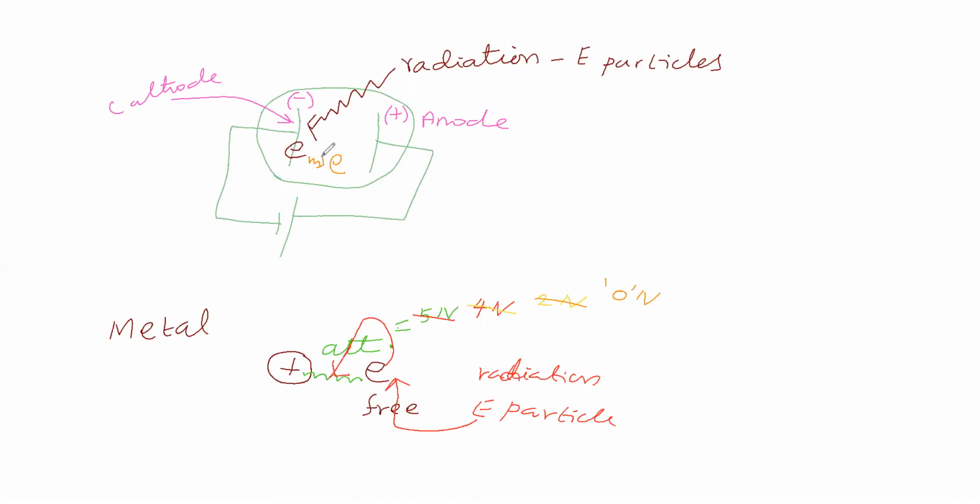Random motion, straight line motion, moving towards the anode, or moving towards the cathode? What do you have in your mind regarding this?